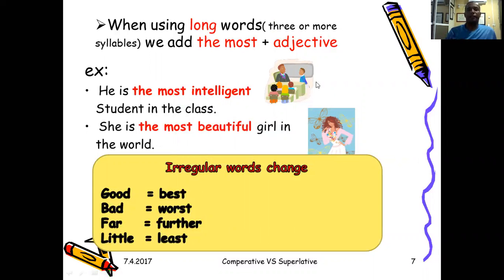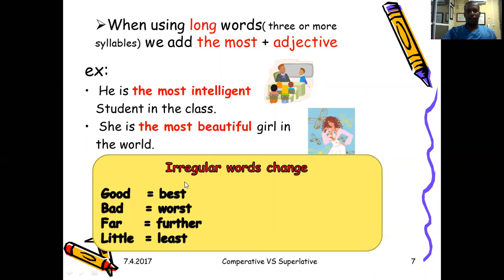Example: he is the most intelligent. Look at the student. He is the most intelligent student in the class. She is the most beautiful girl in the world. There isn't any more beautiful girl in the class.